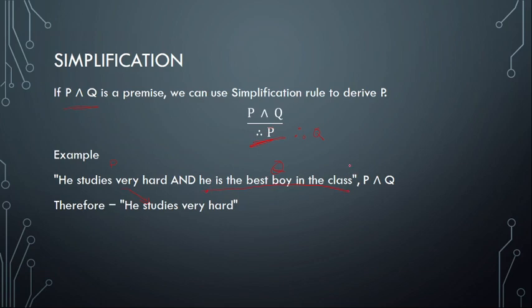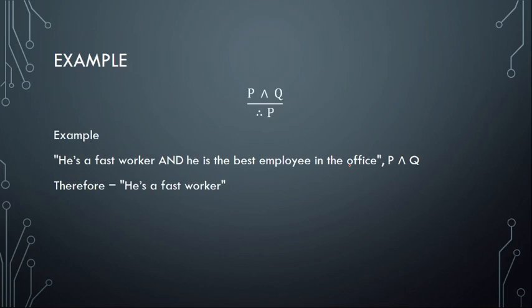That's for the simplification. Another example, so just like before, he is a fast worker and he is the best employee in the office. So the premise or the hypothesis premise, then kuhaon ninyo ang conclusion.